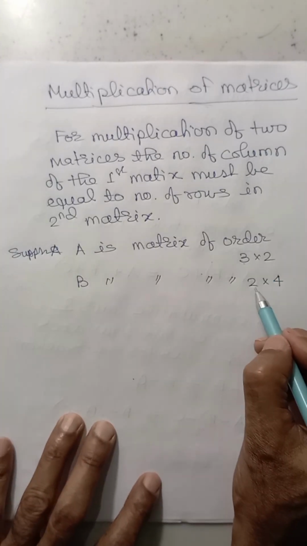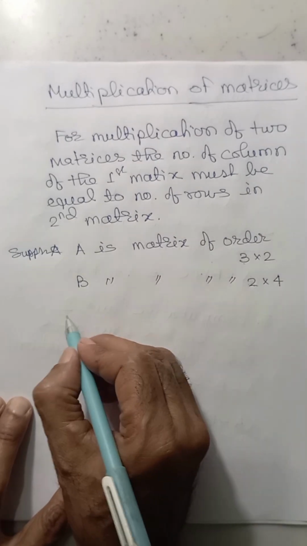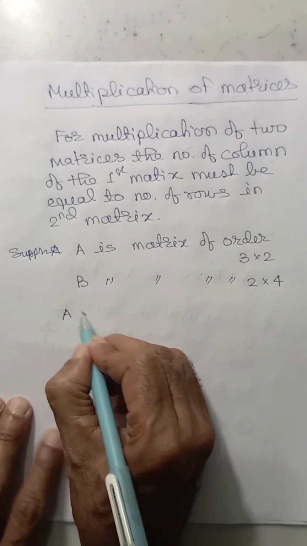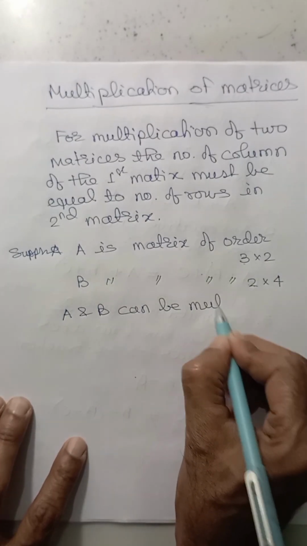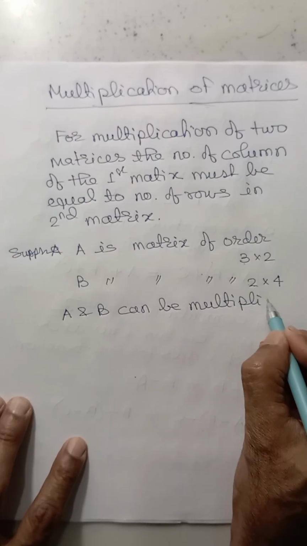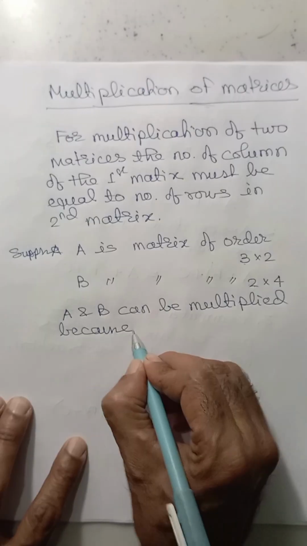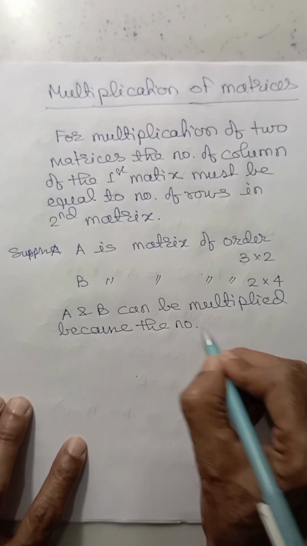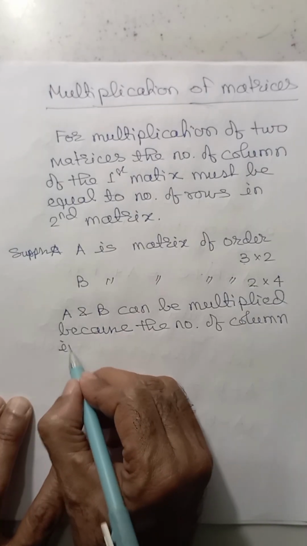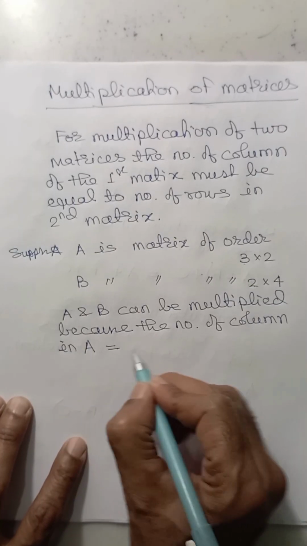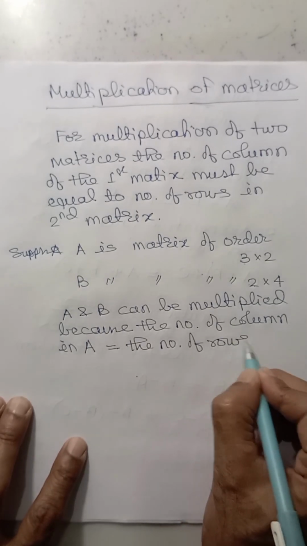So the matrix B has 2 rows and 4 columns. So A and B can be multiplied, because the number of columns in A is equal to the number of rows in B.